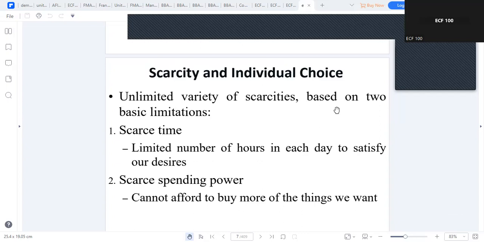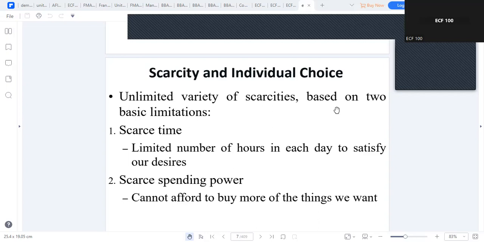Where there are unlimited resources, there's no need for us to study economics. And as such, I'll confidently say economics will not be relevant in heaven because everything will be available. Nonetheless, prudent choices must be made.